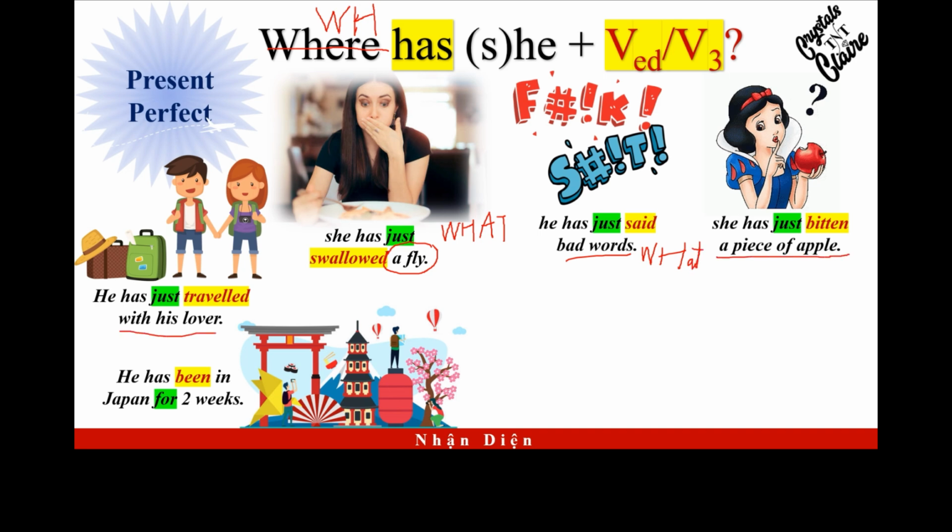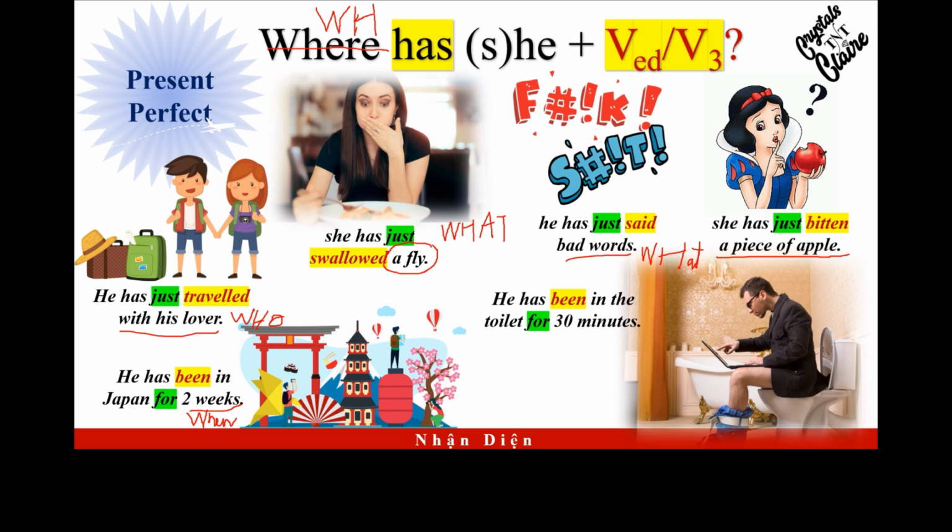A piece of apple, also what? But with his lover becomes who? Okay, who? 2 weeks is the information of time, right? So use when, correct? When, okay. Next.